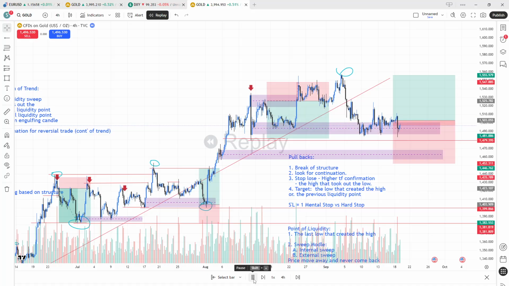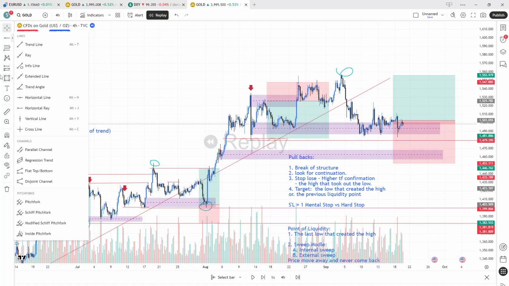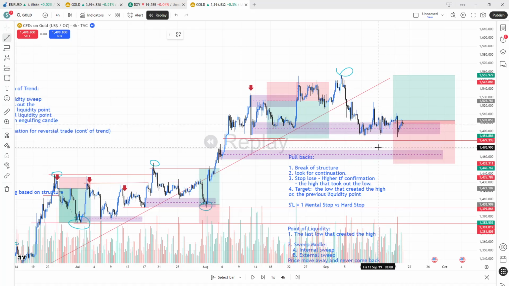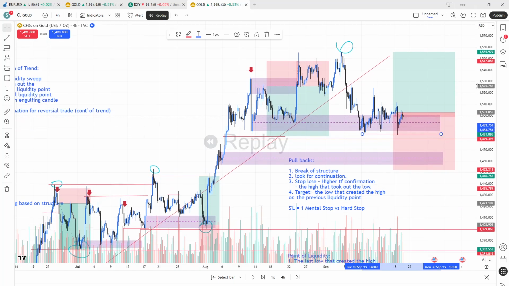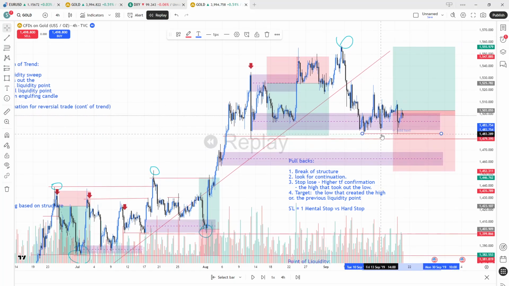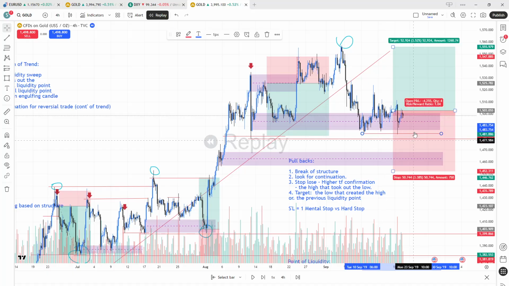Okay, we do have the sweep. Hold on. So this is the sweep, sweep of the internal, external, right? But it hasn't given us that. Well, technically this is the bullish engulfing candle, but we'll see.